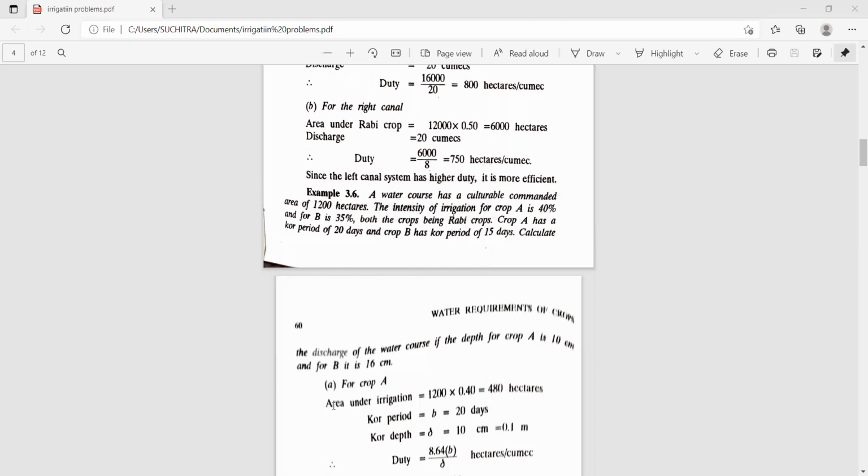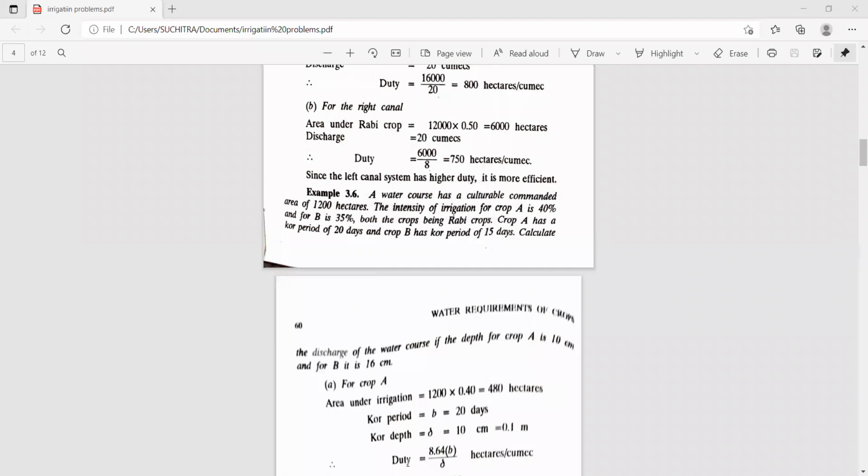Now for crop A, the area under irrigation: the culturable commanded area is 1,200 hectares and the intensity of irrigation is 40%. So it works out to be 480 hectares, and the core period is given. It is nothing but the base period, 20 days, and the core depth of water supplied for crop A is 10 centimeter, that is 0.1 meter.